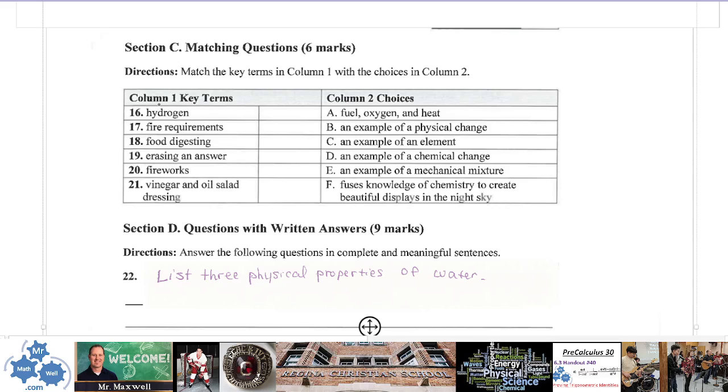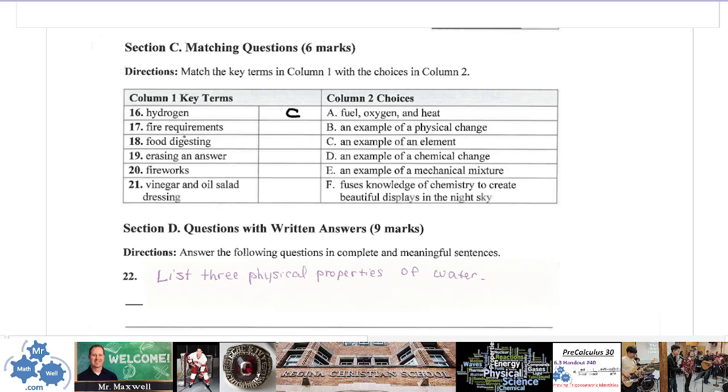16, hydrogen. What do you think goes with hydrogen? C. C says an example of an element, definitely. The other ones are mechanical mixtures, physical change, fuel. So hydrogen, an example of an element, would be your best answer there. C. 17, fire requirements.